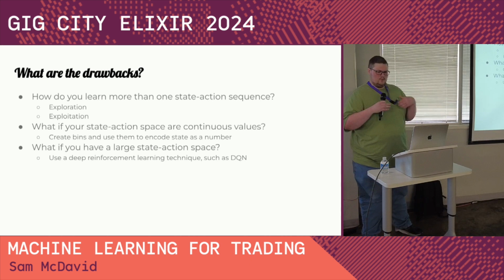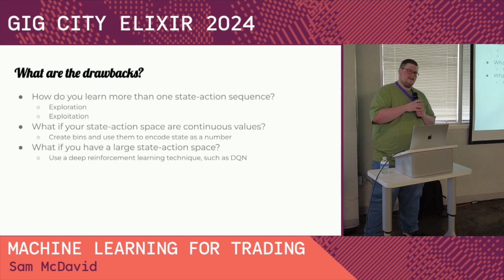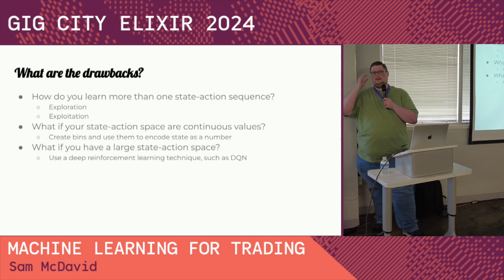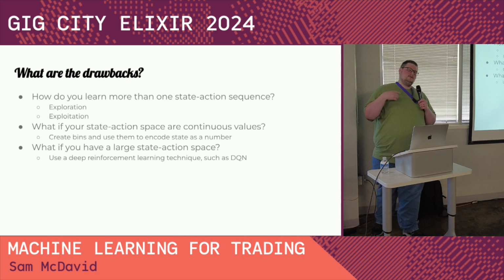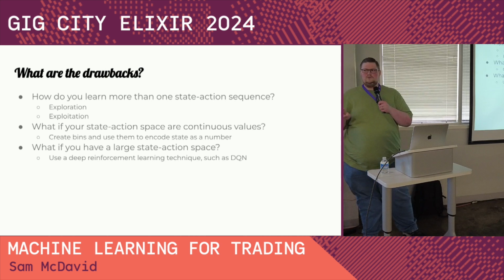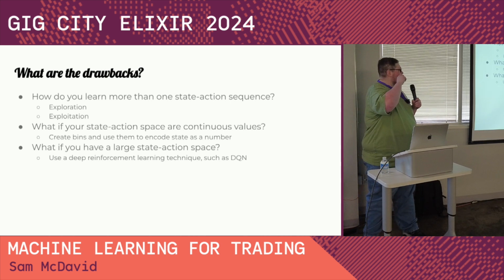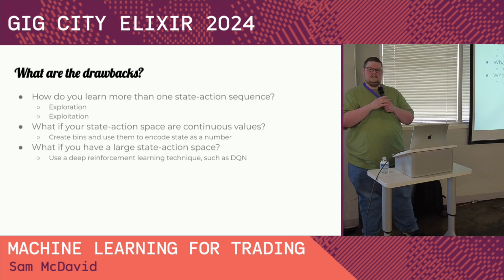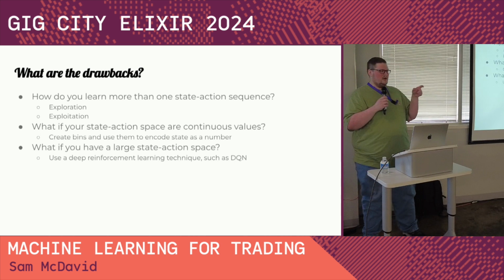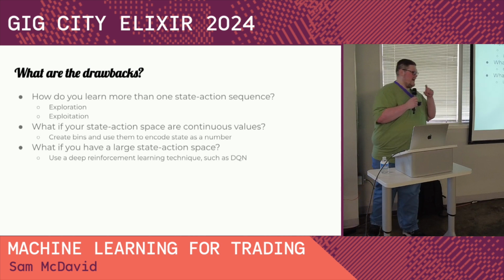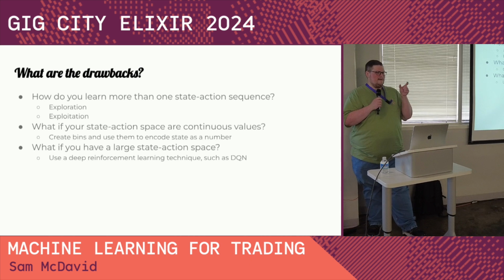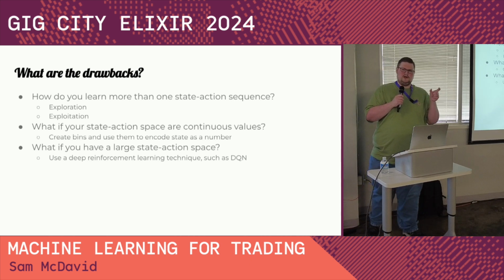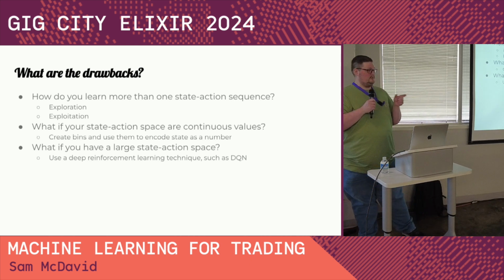What you can do to get around that, if you have a very large state-action space, is deep reinforcement learning with Axon, which I tried to do, but I'm not a smart man. I couldn't get it to work, because part of the update environment in the loop is that you have to perform a prediction, and Nx just returns the expression at that point, and it was very upset with me.